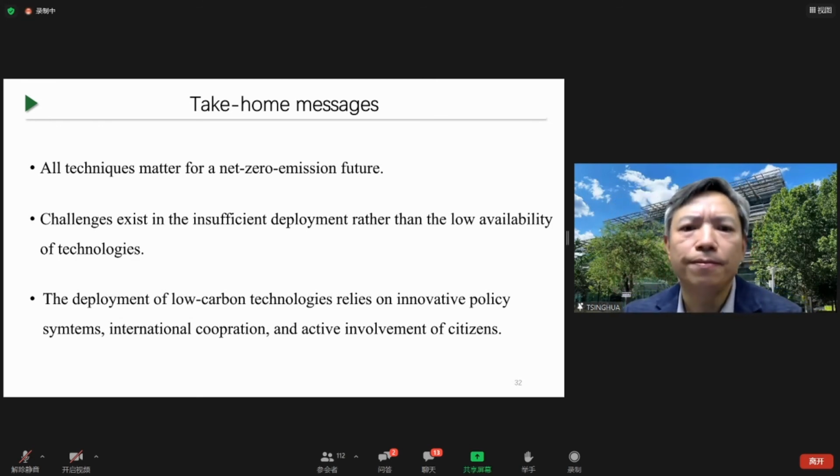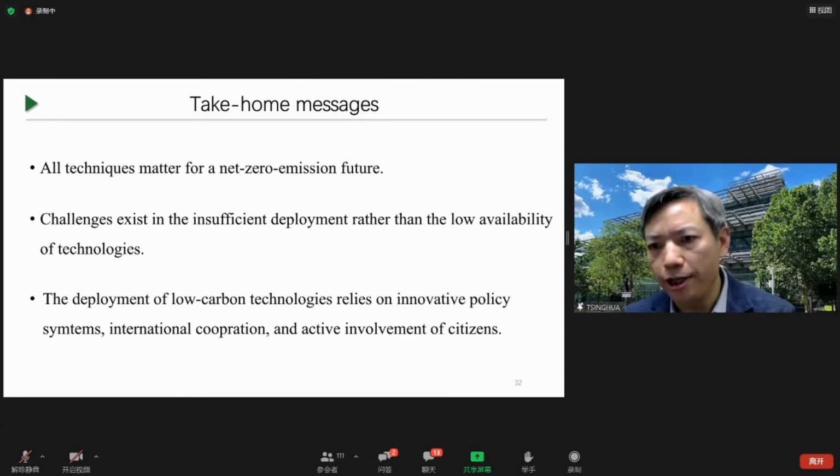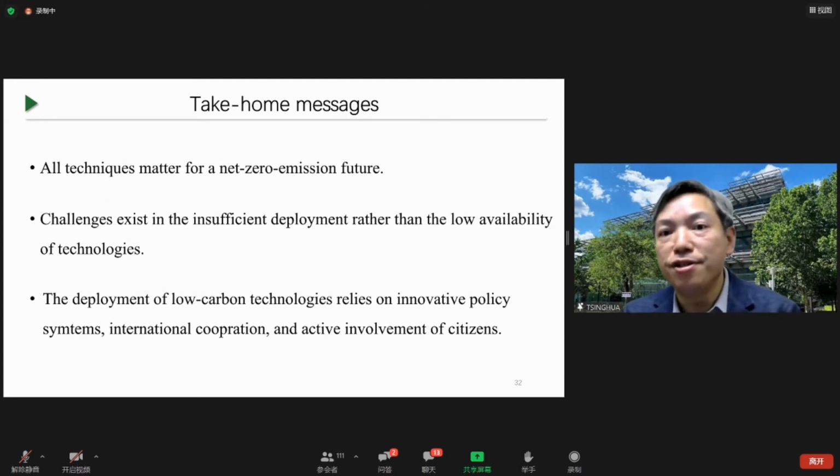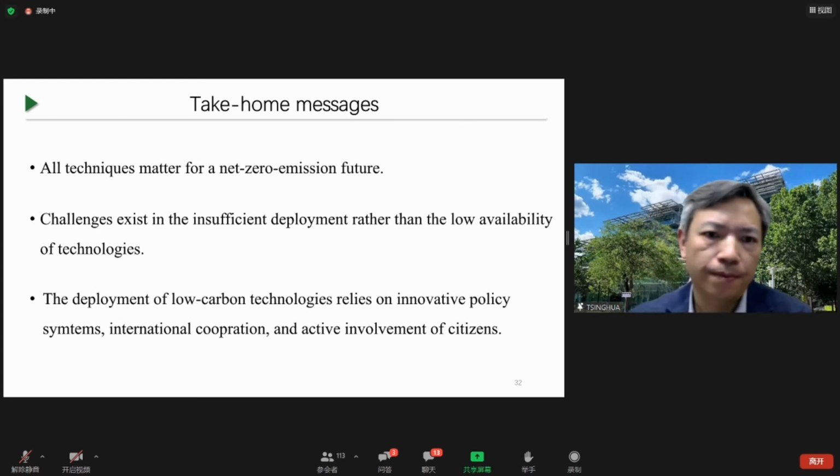Here are three take-home messages. First, all technologies matter on the way to net zero emissions. Achieving the climate goal can't leave any of them behind. Second, now the challenges exist in the insufficient deployment rather than the low availability of technologies.